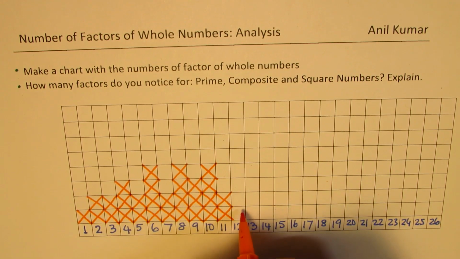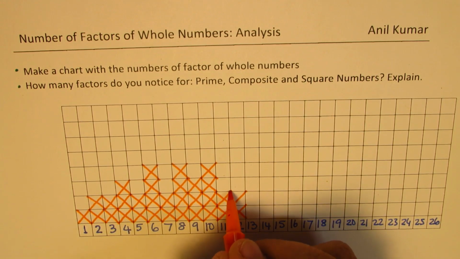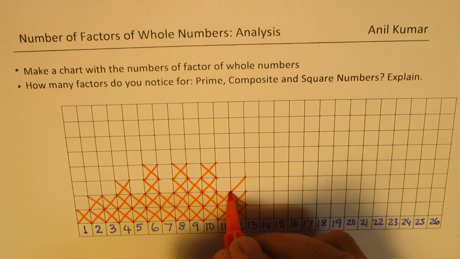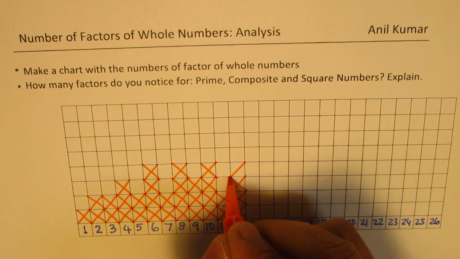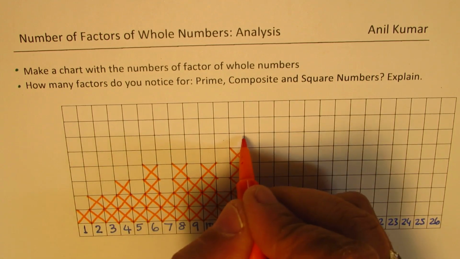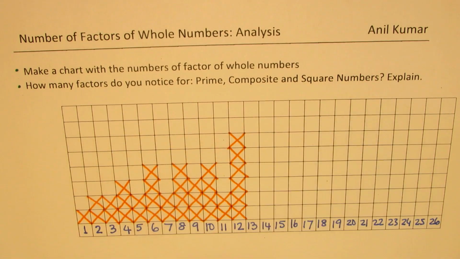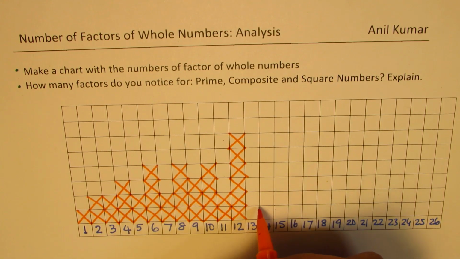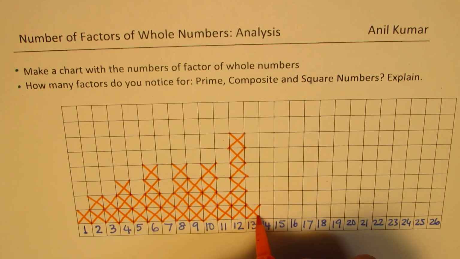Now 12. 12 has many factors. 1 times 12 is 12. 2 times 6 is 12. 3 times 4 is also 12. So it has 6 factors. 13 is a prime number, and it will have only 2 factors, 1 and 13.